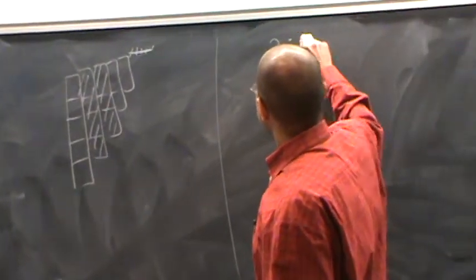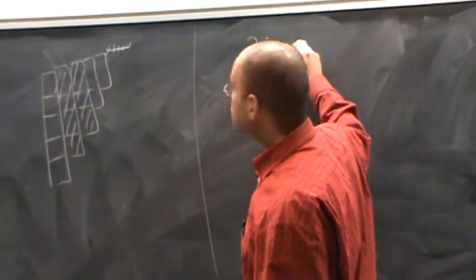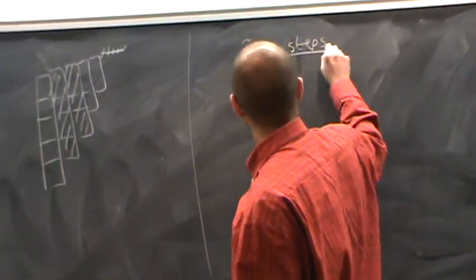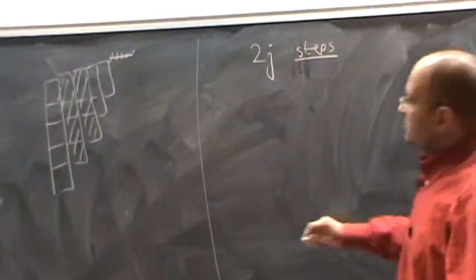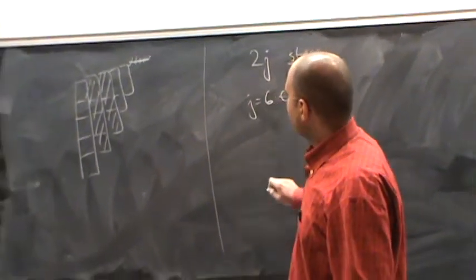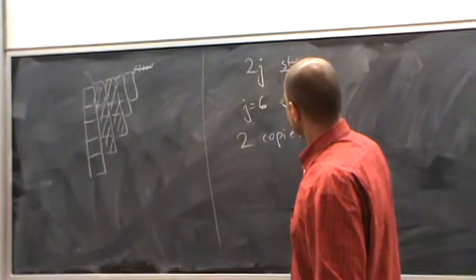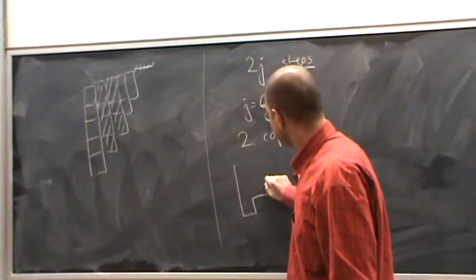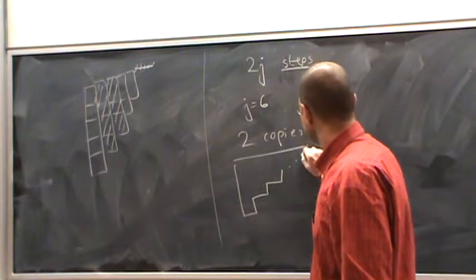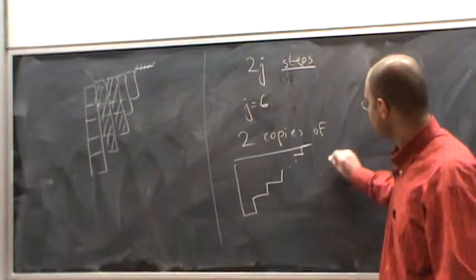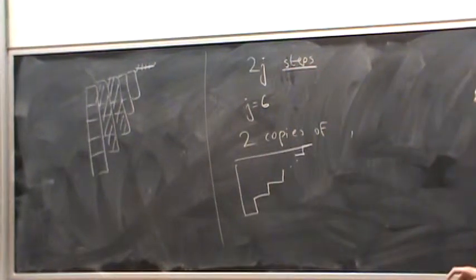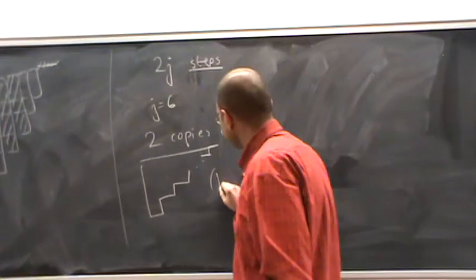So we have 2J steps. So for j equals 6, we have two copies of this thing. So we have 12 steps.